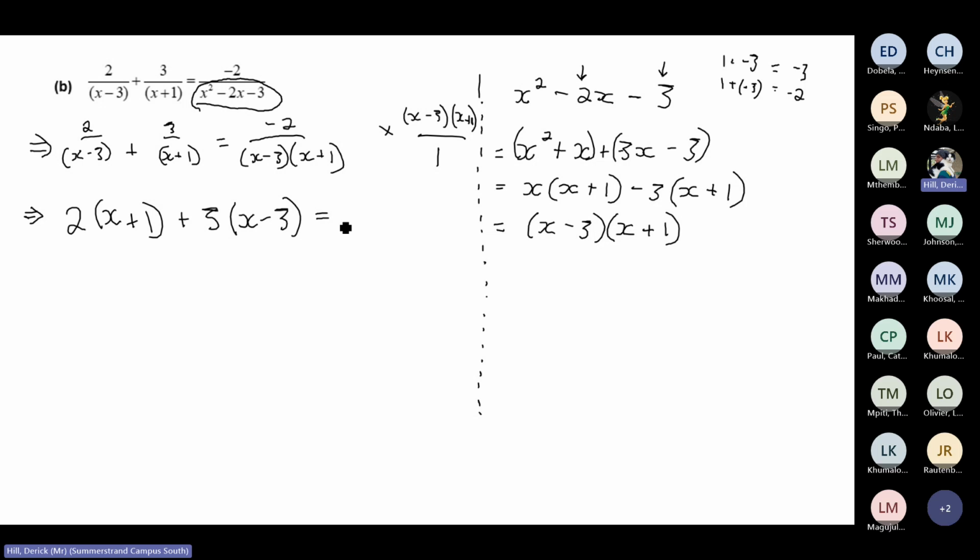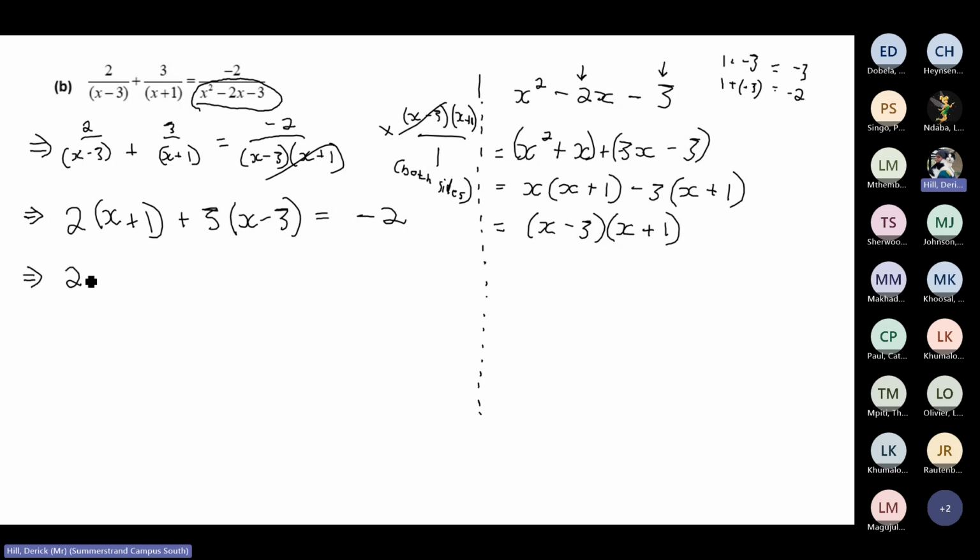And finally, when I multiply the right-hand side, I'm just making a note there, both sides, since I didn't write it on both sides. And when I multiply minus 2 over x minus 3, x plus 1 times x minus 3 times x plus 1, all of that is going to cancel, and I'm going to be left with a minus 2, which is very nice compared to what we started out with.